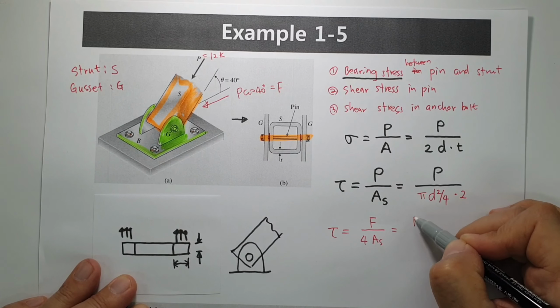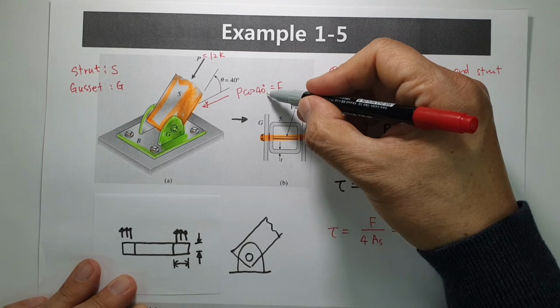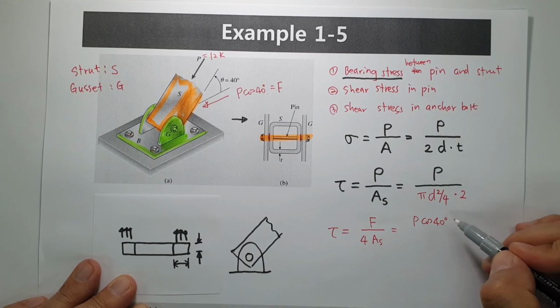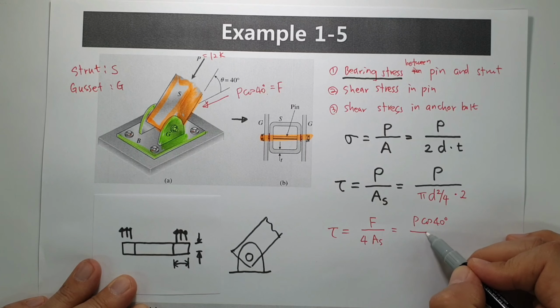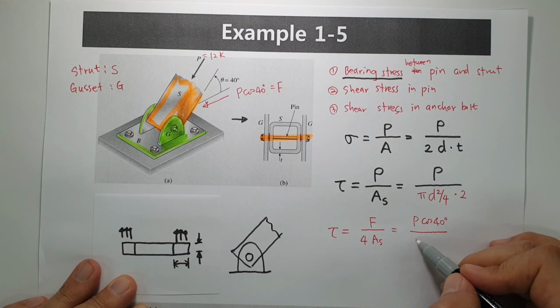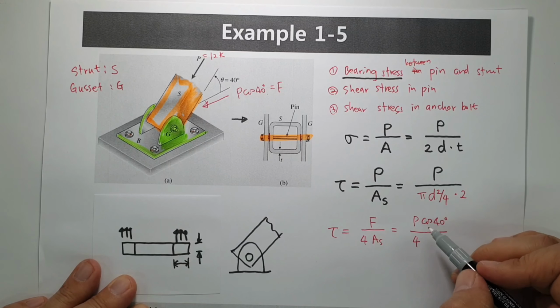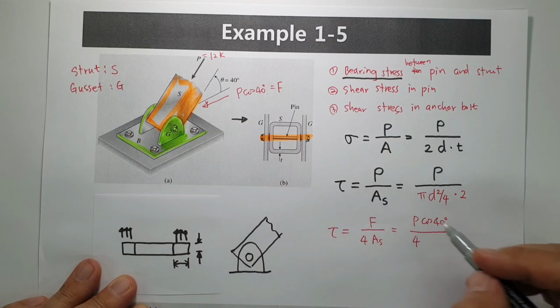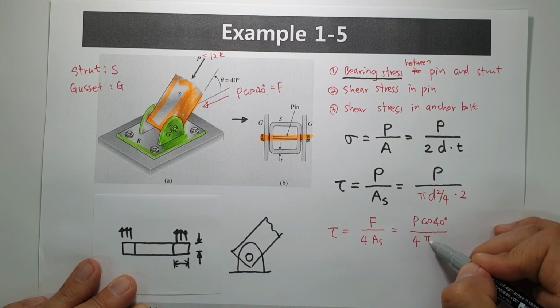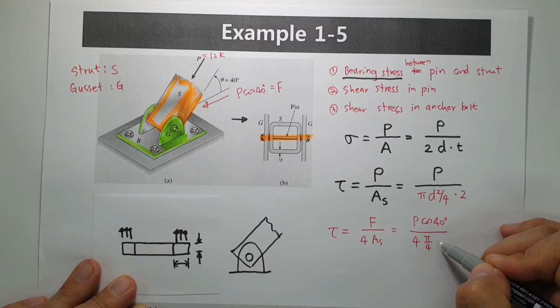F is P cosine 40 divided by 4 times the cross-sectional area, pi over 4 times bolt diameter squared.